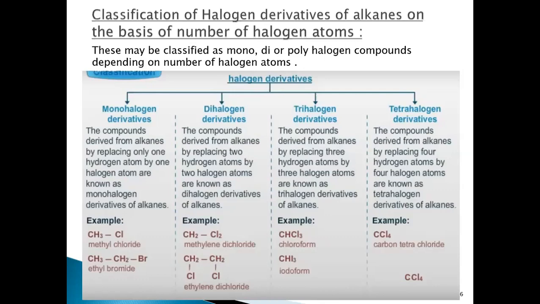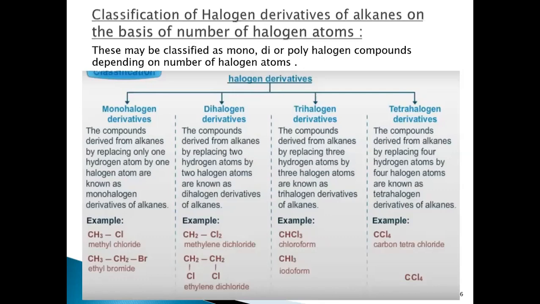At the last, tetrahalogen derivative. In this, 4 hydrogen atoms in the alkanes are replaced by 4 halogen atoms. They are known as tetrahalogen derivatives of alkanes. Example, CCl4, meaning carbon tetrachloride.